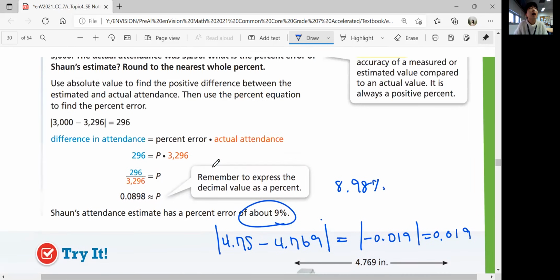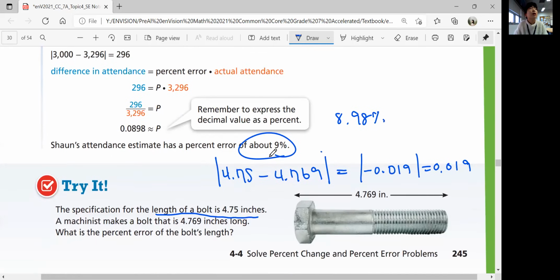And what is our whole? You're going to use this equation: difference, 0.019, is equal to percent error, that's what we're trying to get, times the actual bolt size, 4.769. That's our whole.